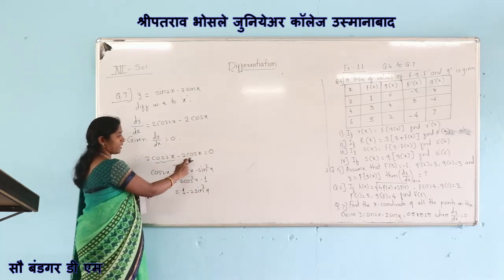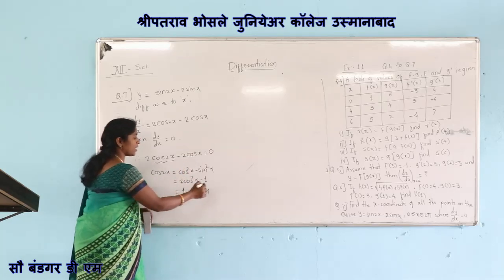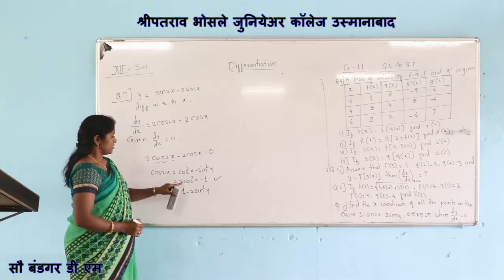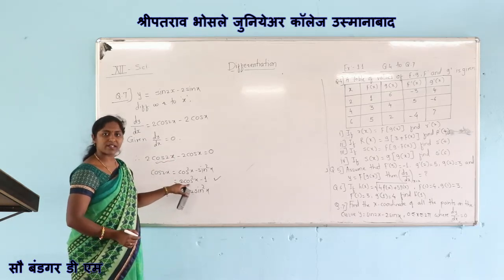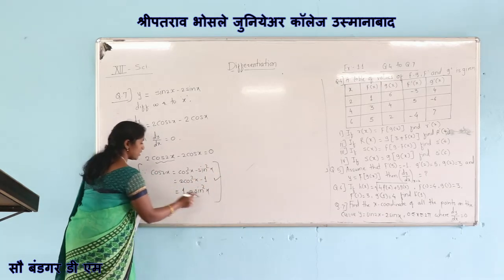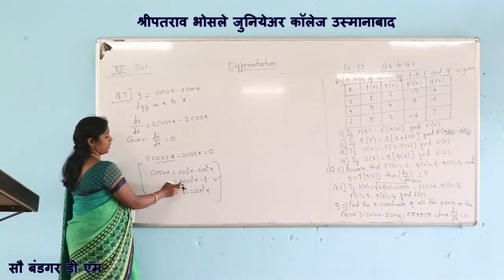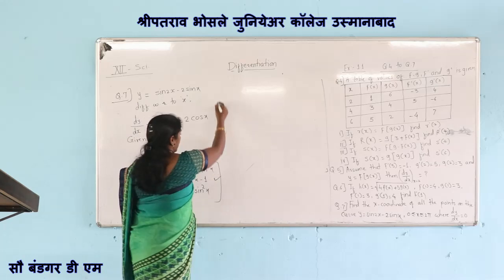Here the second term contains cos x, so we require the formula in terms of cos only. So we'll replace cos 2x by 2 cos square x minus 1.